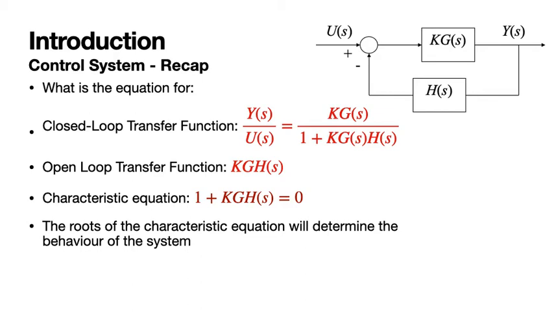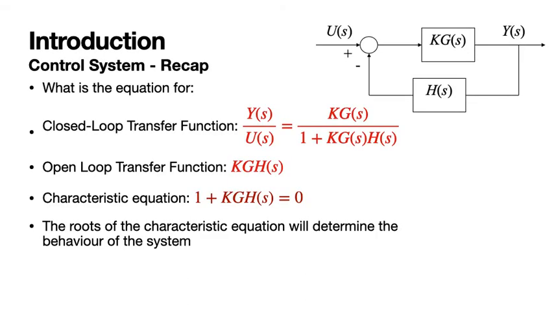Once we have the closed loop transfer function, it will be easier for us to determine the characteristic equation. For the case of this system's transfer function, the characteristic equation is obtained by equating the denominator of the transfer function to 0, which in this case is 1 plus KGH(s) equal to 0.